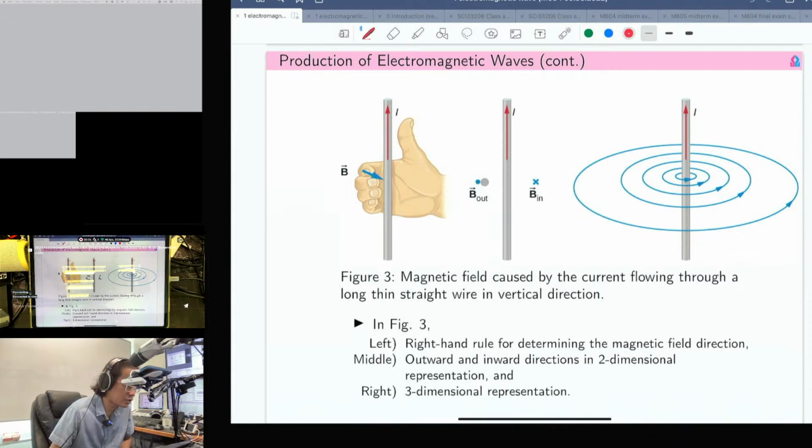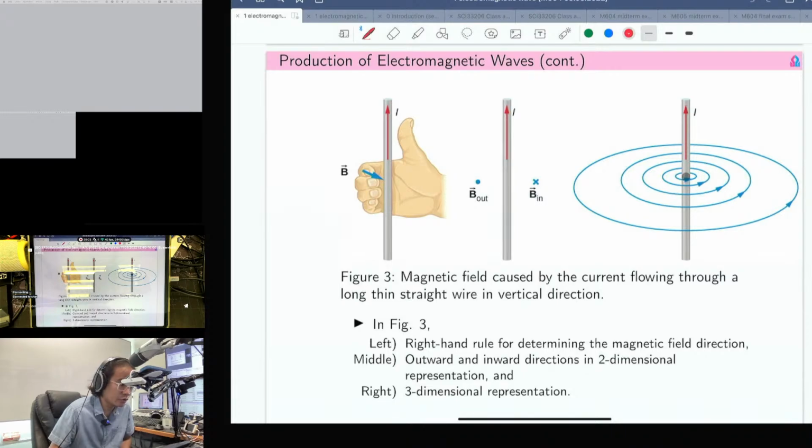According to the right hand rule, the magnetic field will propagate out of the 2D plane here. So that's why we can see only the front part of the arrow. This is the front part, this is the rear part of the arrow. The magnetic field is pointing out of this 2D plane. And here is the 3D diagram of the same phenomenon that you have here and here.